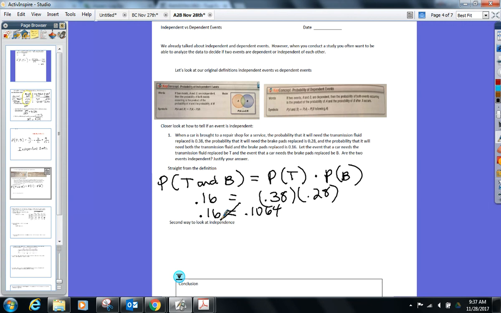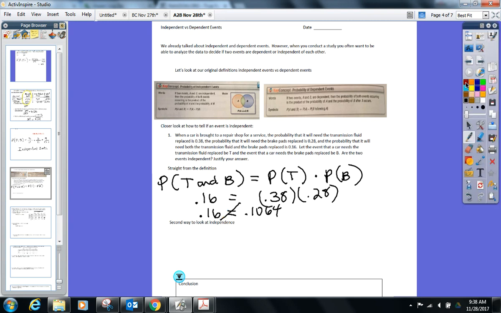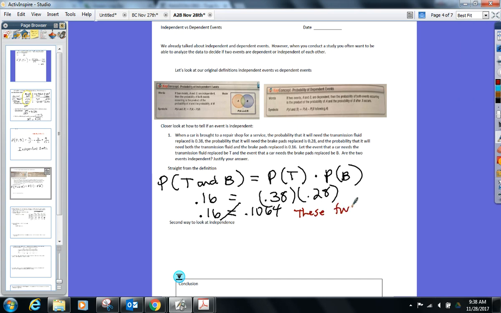So are these two independent of each other? No. If they were independent, they'd come out to be equal to each other. All right, so we're going to say these two events are not independent, but dependent on each other.